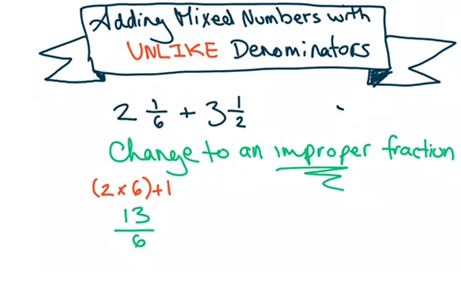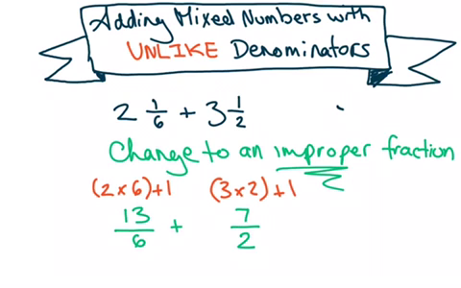It doesn't change. Okay, the next one is 3 multiplied by 2 first. Then we add 1. All right, 3 times 2 is 6 plus 1, 7. 7 becomes your new numerator, and the denominator stays the same.